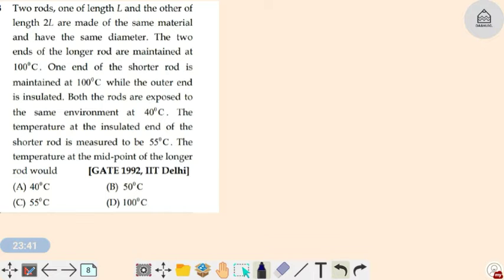Both the rods are exposed to the same environment at 40 degrees Celsius. The temperature at the insulated end of the shorter rod is found to be 55 degrees Celsius. Find the temperature at the midpoint of the longer rod.